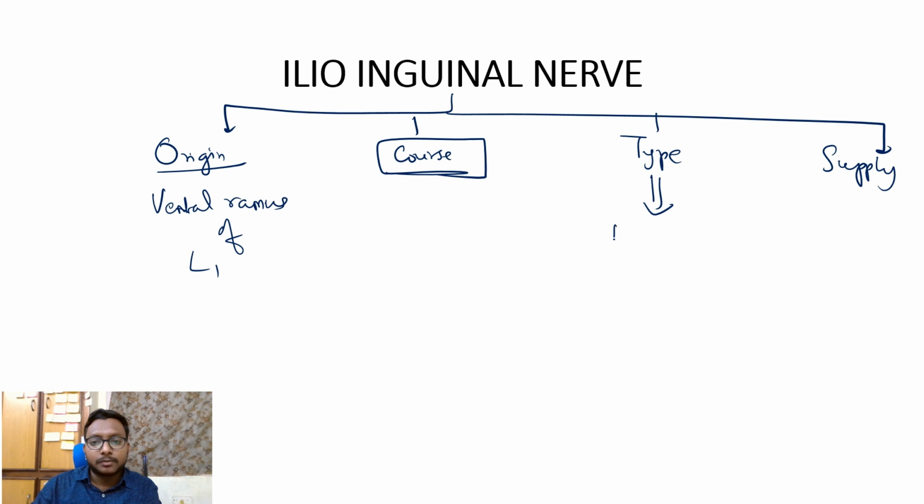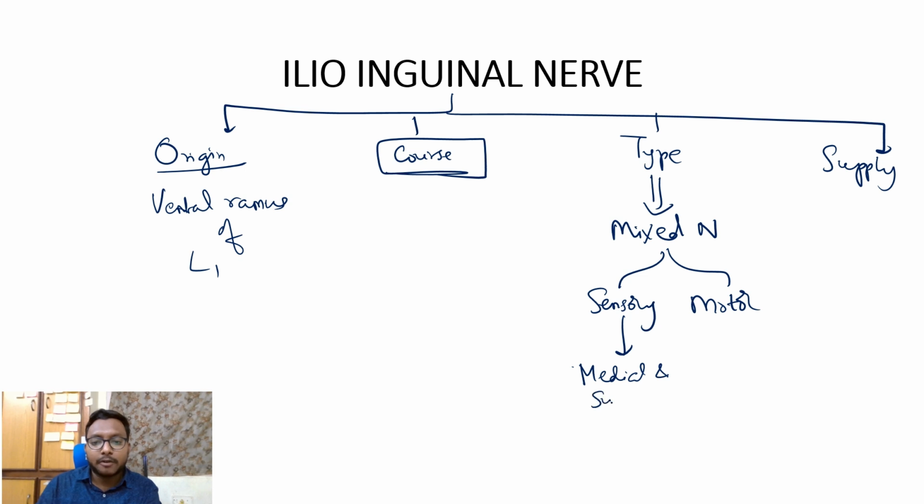It is a mixed nerve. Please understand, it is a mixed nerve. So it has got two things, right? One is sensory, another one is motor. So sensory, it will supply the medial and superior part of these genital organs, superior most part of the genital organs, as well as the superomedial aspect of the thigh.